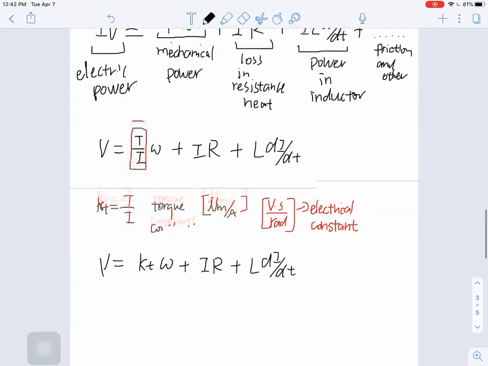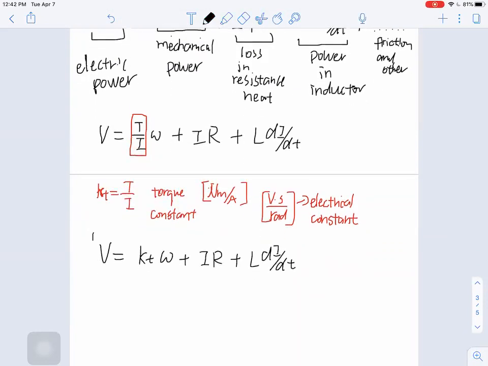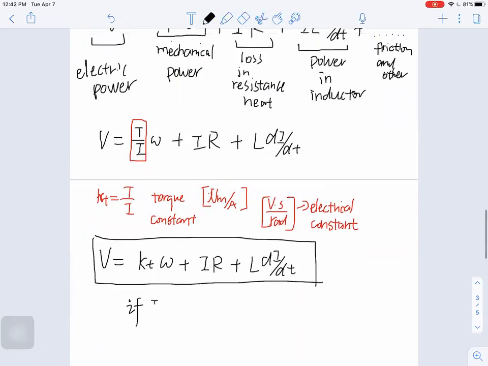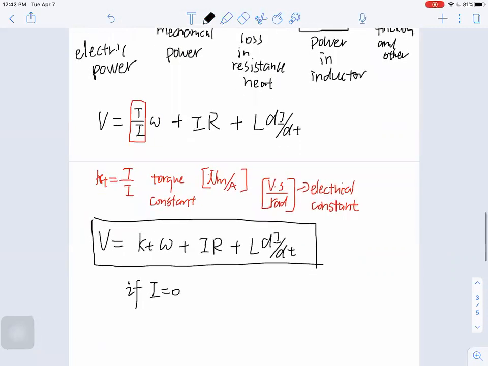And now if we look at this equation for our DC motor, let's look at the condition if we have current equal to 0. So there's no current going into the DC motor.